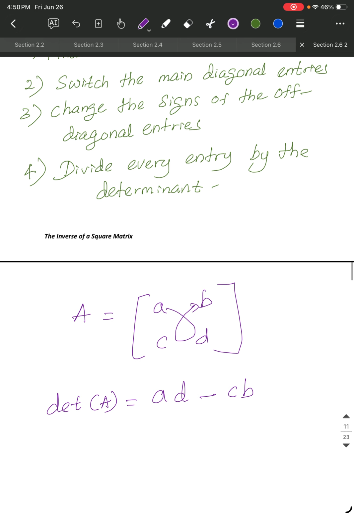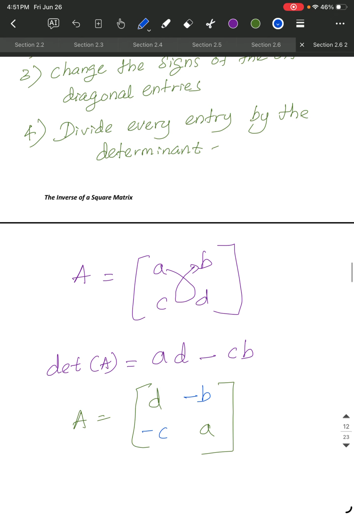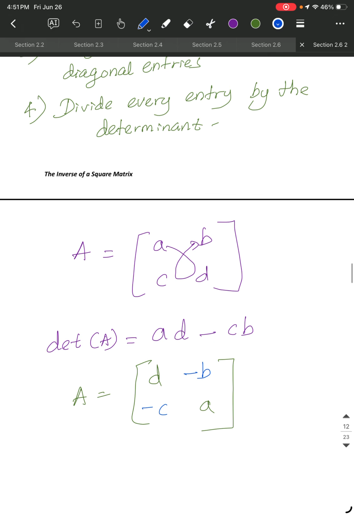Next, switch the main diagonal entries, then D, A. Also, change the sign of the off diagonal: negative B, negative C, because we have positive C. Then, divide every entry by the determinant.